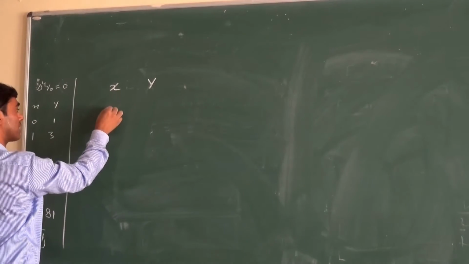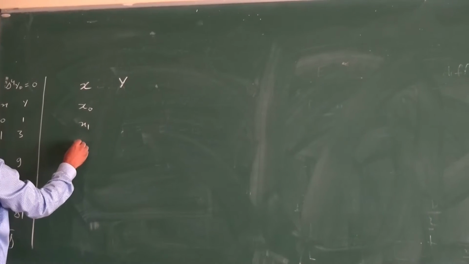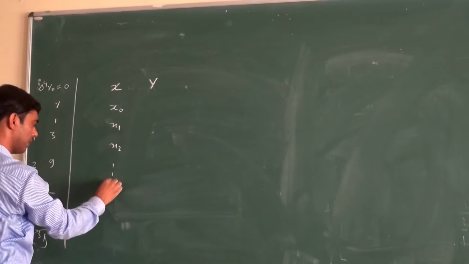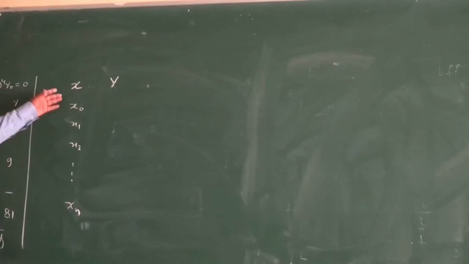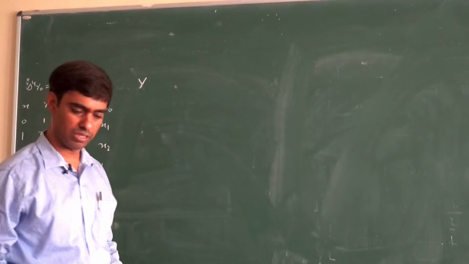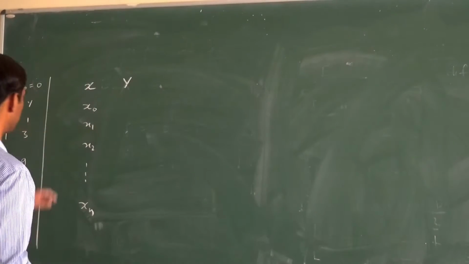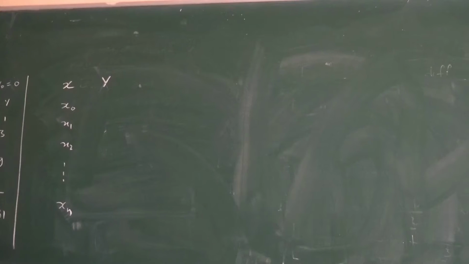What are the values of x? This one is x0, this one is x1, this one is x2, similarly this one is xn. How many ordinates are there? There are n plus 1 ordinates because we started from 0, x0 to xn.